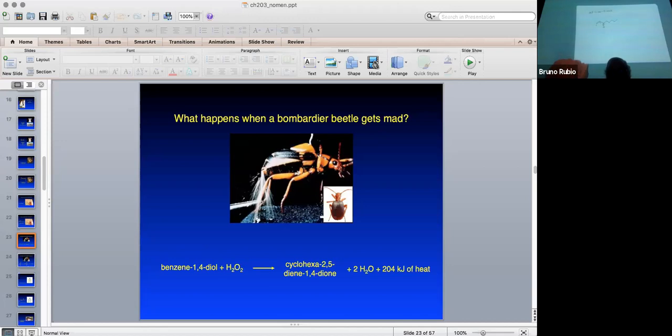It comes about as a result of this reaction where benzene 1,4-diol combines with hydrogen peroxide to make cyclohexa 2,5-diene 1,4-dione.